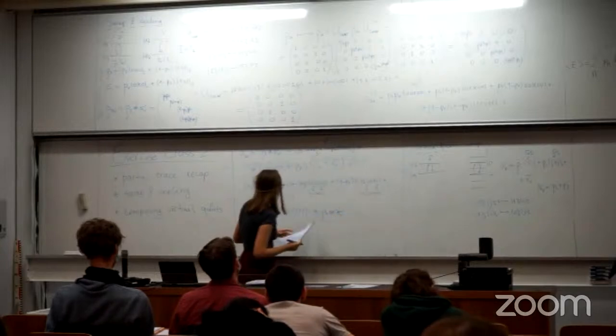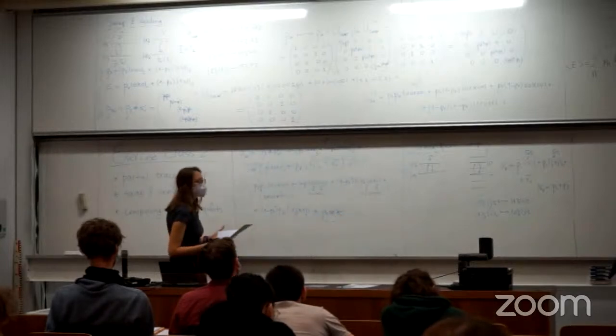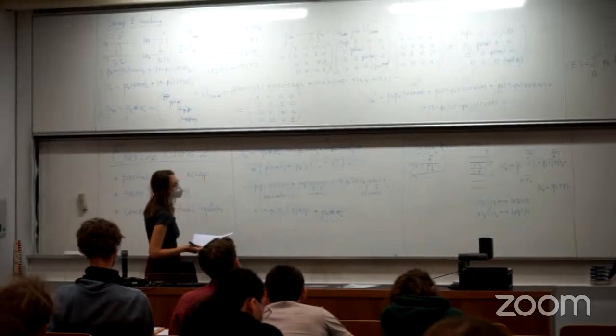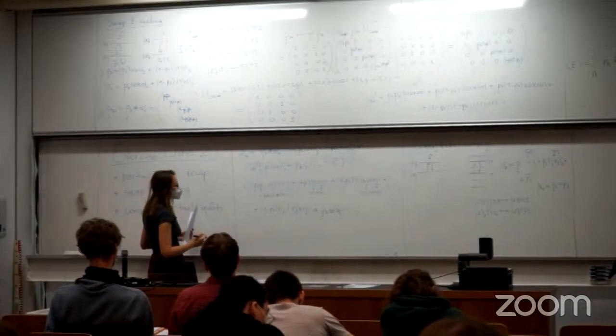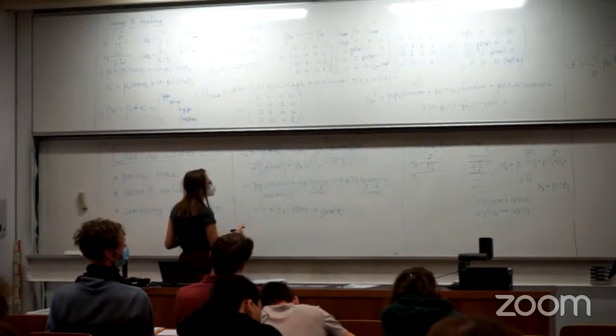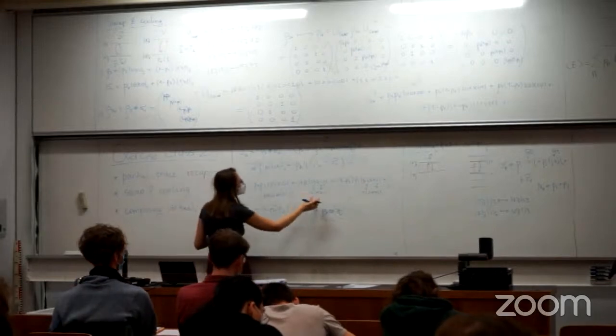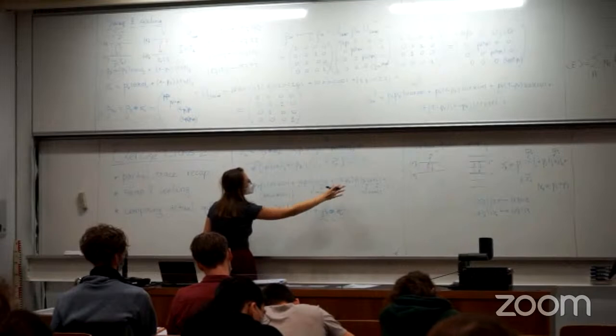And 1J is just mapped to 1J, so nothing changes here. So what we arrive at is the case where these two coefficients are swapped.